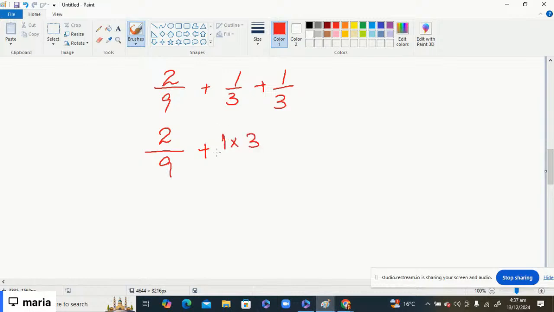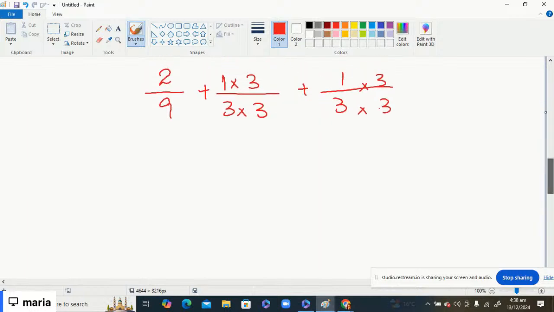Like this way: 1 times 3 over 3 times 3, plus 1 times 3 over 3 times 3. So 2 by 9 is here. 3 times 1 is 3, 3 times 3 is 9. 3 times 1 is 3, 3 times 3 is 9.